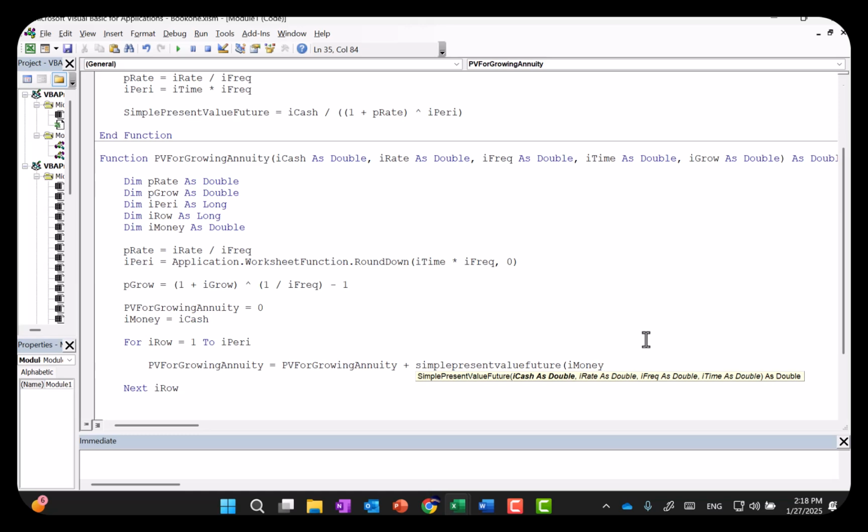In this case, iFreq is 1, and iTime is iRow. This calculates the present value of amount iMoney at the interest rate of pRate. Annual compounding is only 1, and for iRow periods. I could have converted into months and stuff, but I didn't need it.